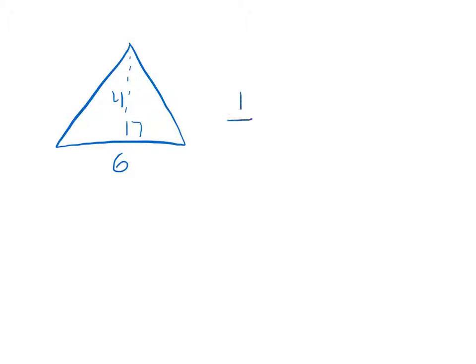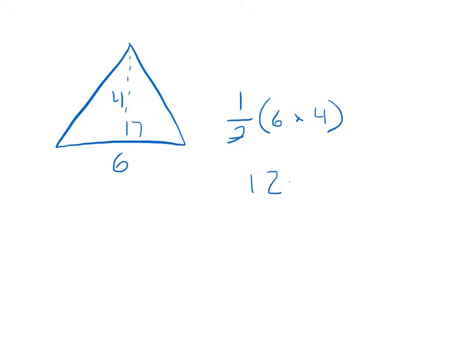Example 3 is similar to our first one. It shows a triangle, a little bit different because we're going to have a height down the middle here. That's going to be 4. Our base is going to be 6. So again, here we can find the face. 6 times 4 is 24. And half of that then would be 12.